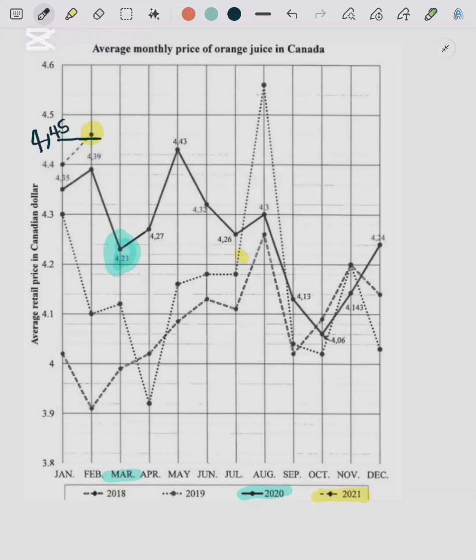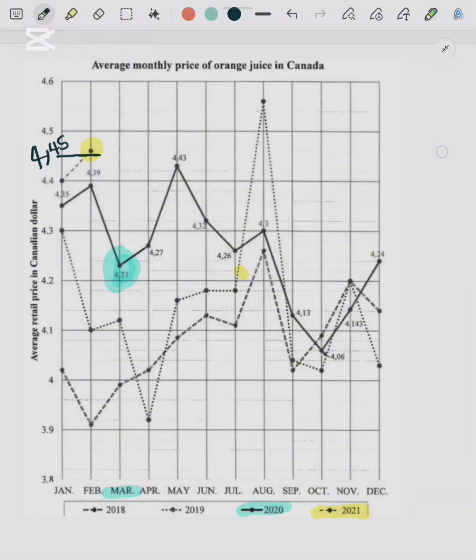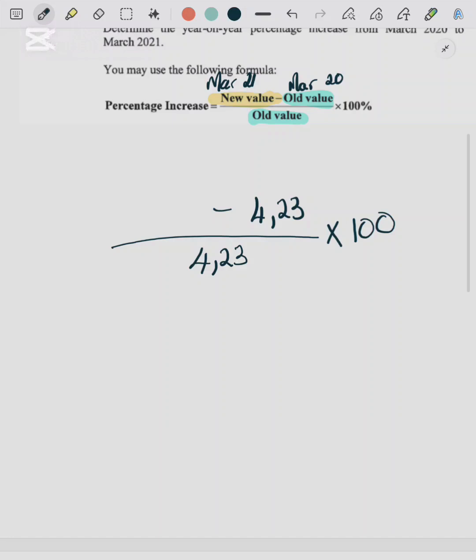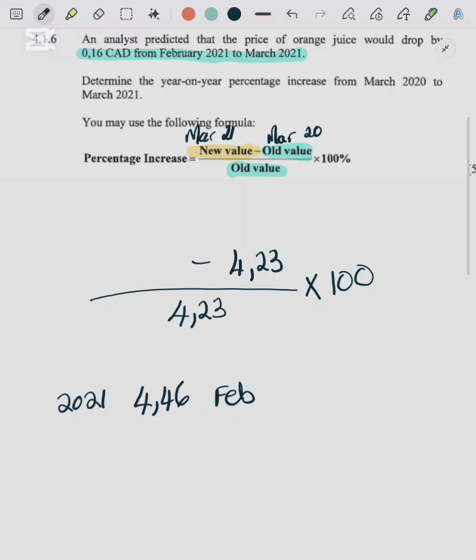So I wouldn't accept if you said that, but slightly higher is fine. Okay, so that tells us that in 2021, we were sitting at 4.46 in February. And they did tell us that there would be a decrease by 0.16.